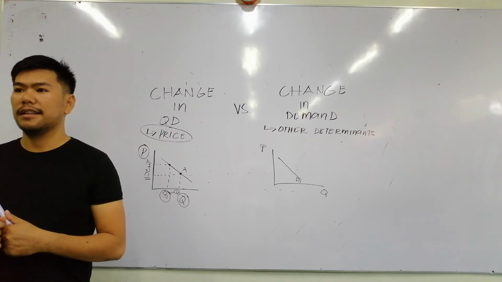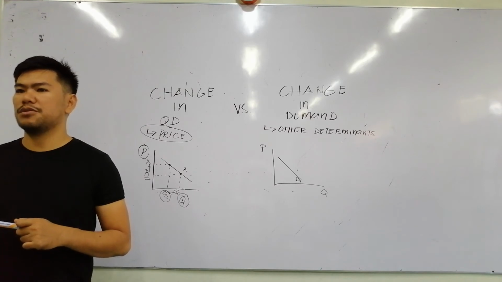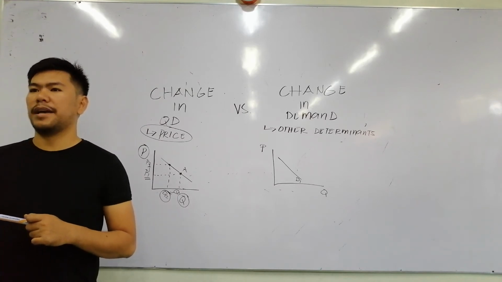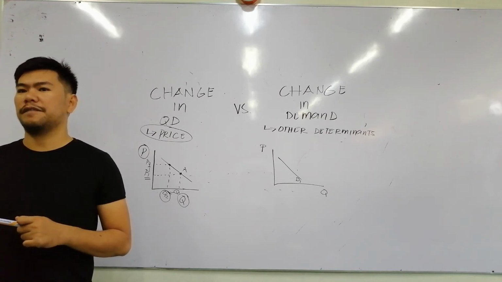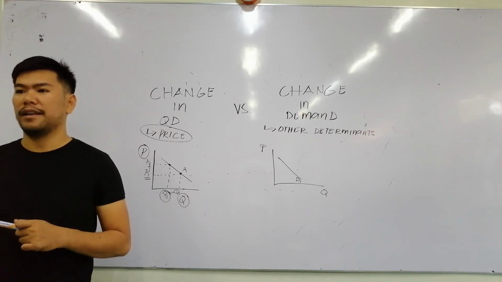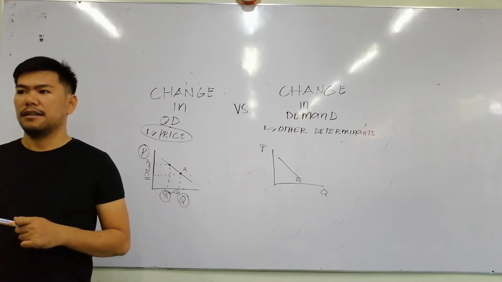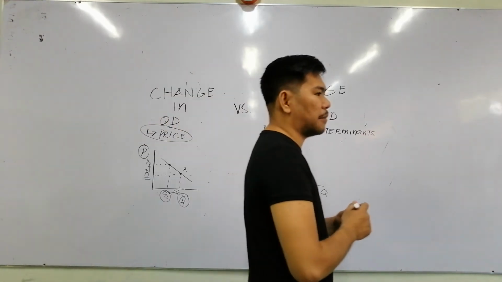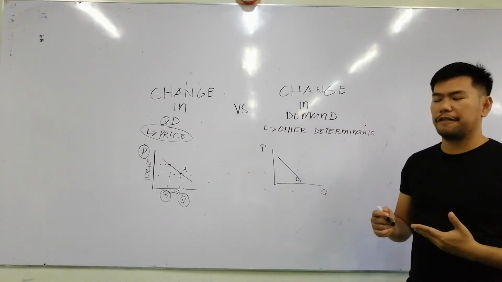It will increase, correct? Why? Because we know that corn is a substitute for rice, so when the price of rice increases, people will shift their consumption to corn, ceteris paribus. Okay? So how do we express the demand curve of corn in a graph?